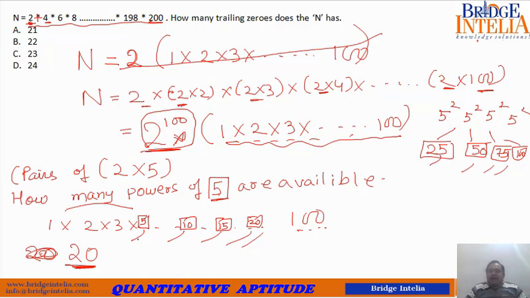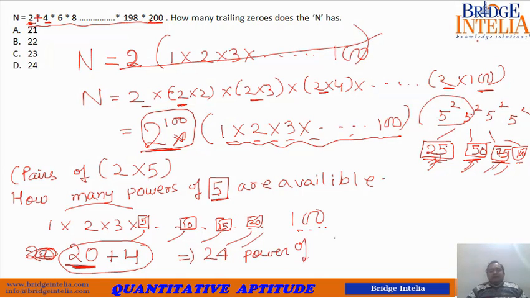So we have to go back and bring the remaining powers. So we have to go back to these 4 numbers, 25, 50, 75 and 100. So basically we are going back to the multiples of 5 square. So 4 such numbers are there. So 4 more powers of 5 are available. So total 24 powers of 5 are available.